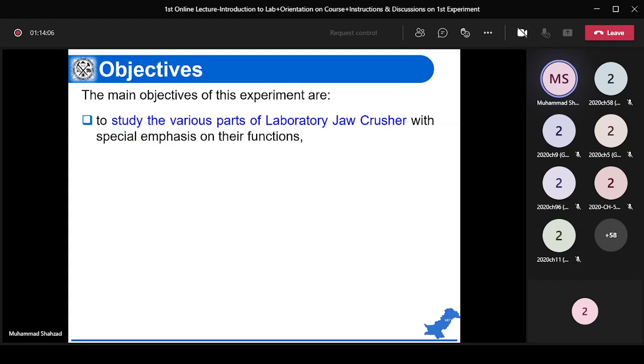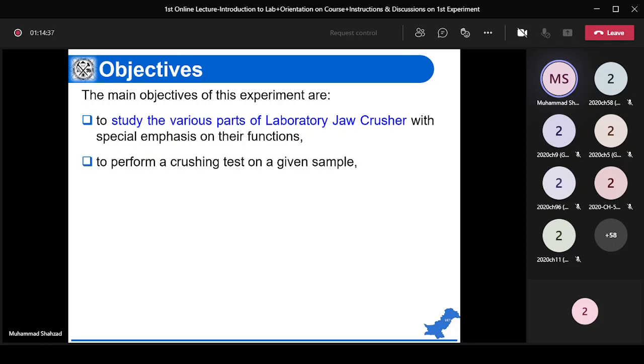And if you need to modify its design, then you should know the function of each part as well. Because if you are going to innovate or modify its design, then you should know what is there at the initial stage, what the problem was, and how you are going to solve it. Right? So that's why we are going to study each and every part of the jaw crusher.